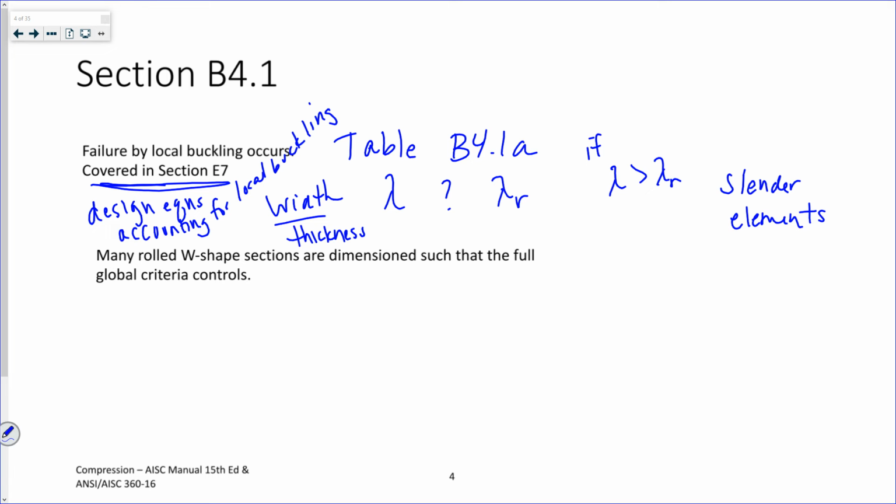And then this lovely little sentence right here: many rolled W-shaped sections are dimensioned so that global buckling criteria control, meaning local buckling does not control.